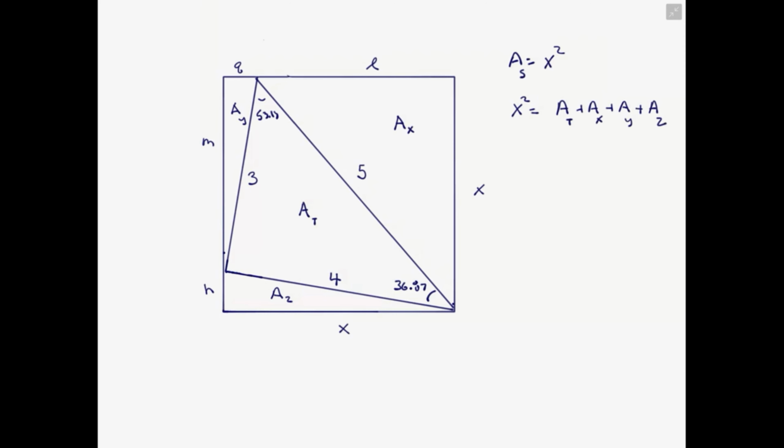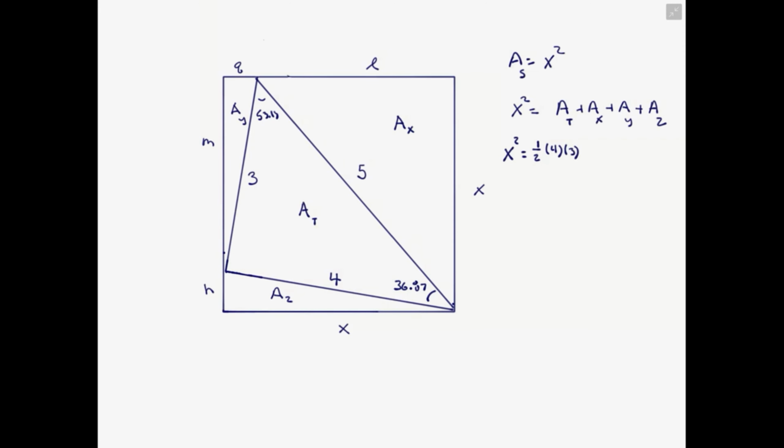And then I went algebraically to determine these. So what I did was I said, well, area x squared equals the area of the triangle. Well, the triangle is 1/2 the base, which is 4, times the height, which is 3.